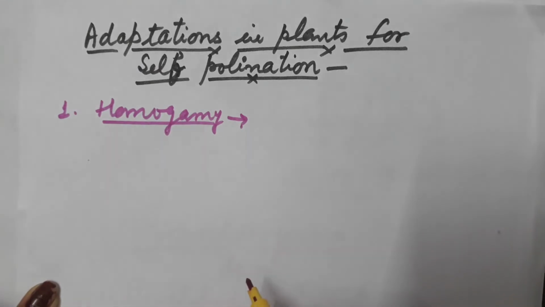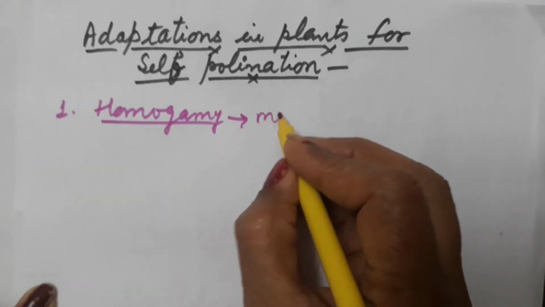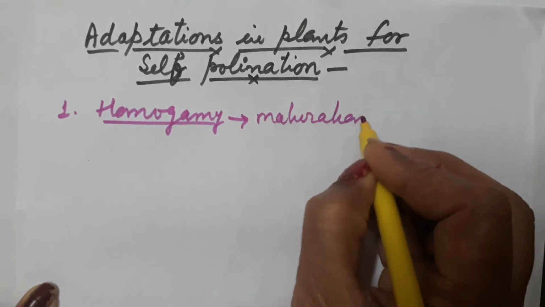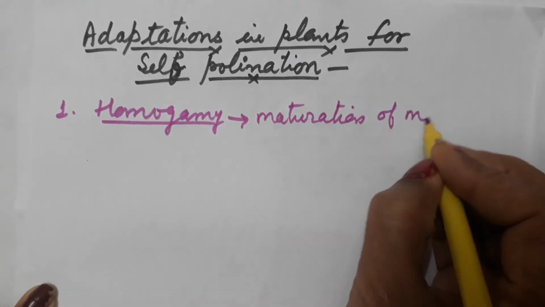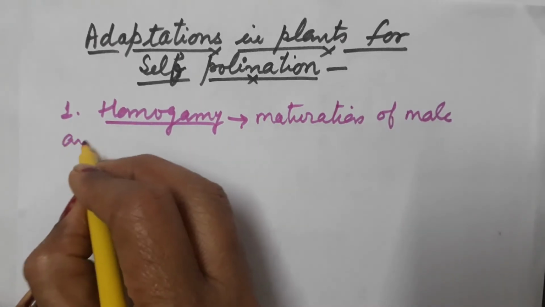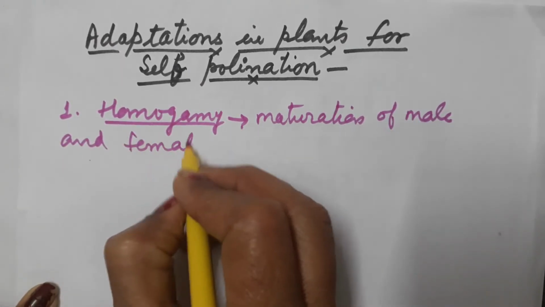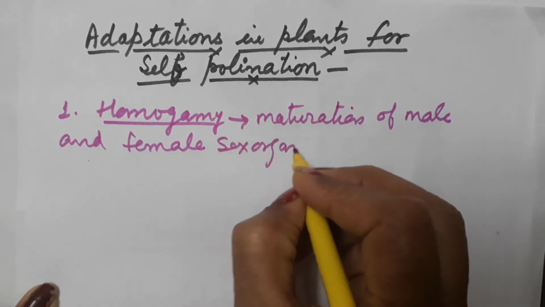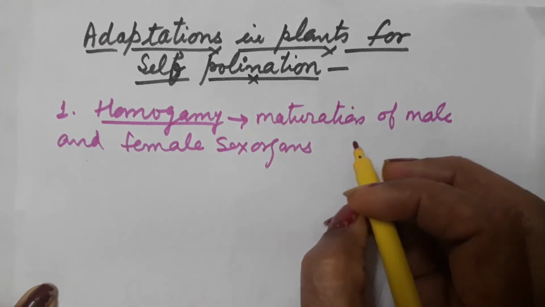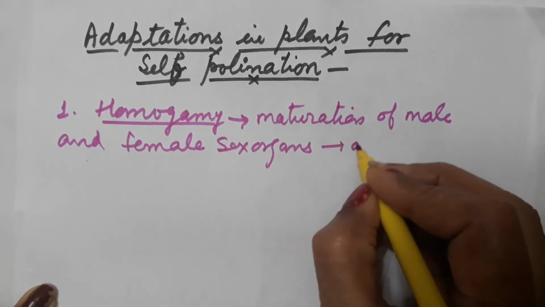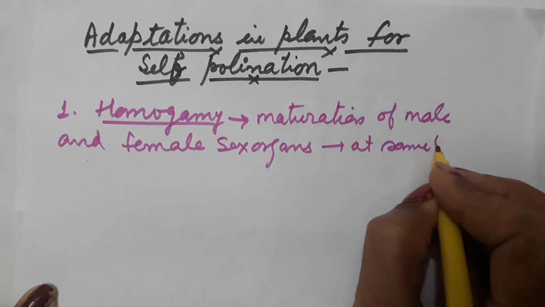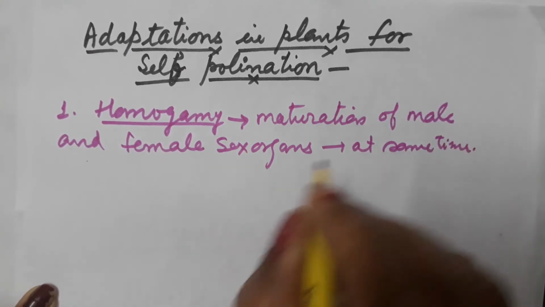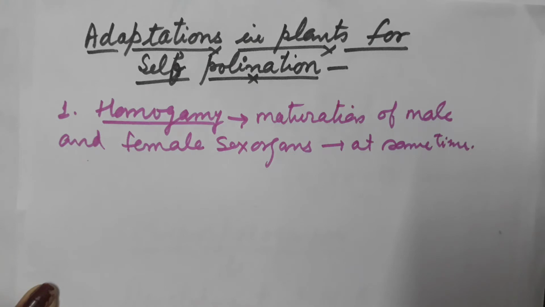Maturation of male and female sex organs takes place at the same time. That is, there is synchrony between the pollen release and receptivity of the stigma.